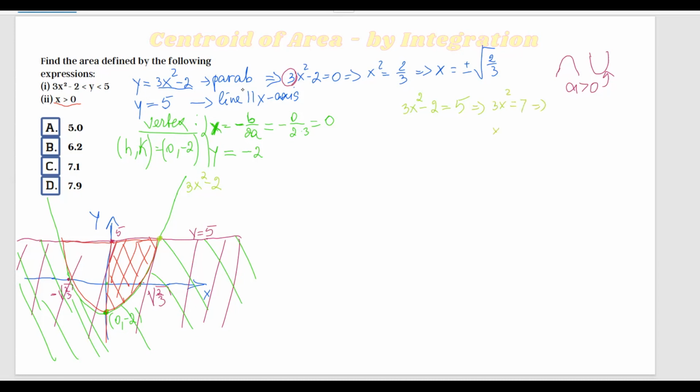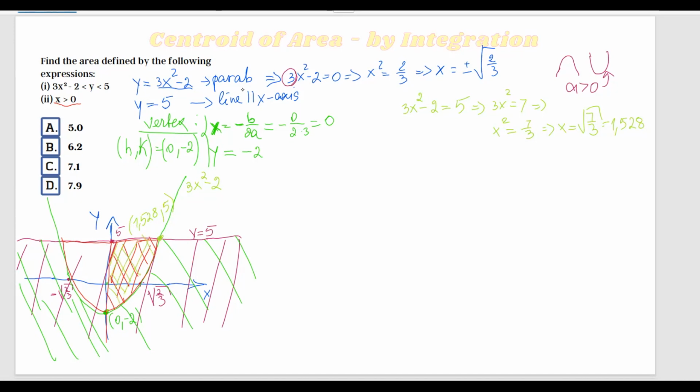From here, x squared equals 7 over 3, and x equals the square root of 7 over 3, which is 1.528. So now we know the coordinates of this point: x is 1.528, and the y coordinate is known, at 5.